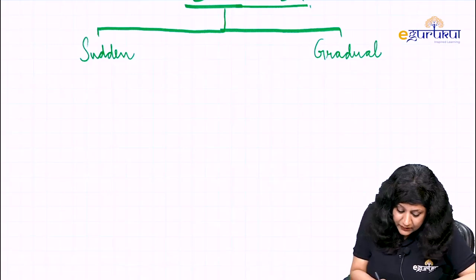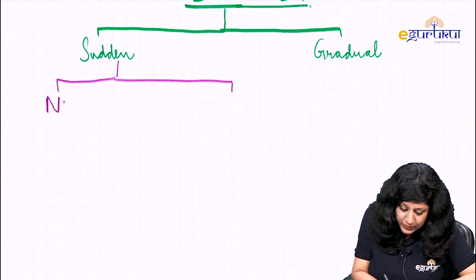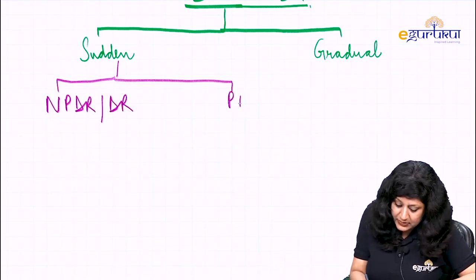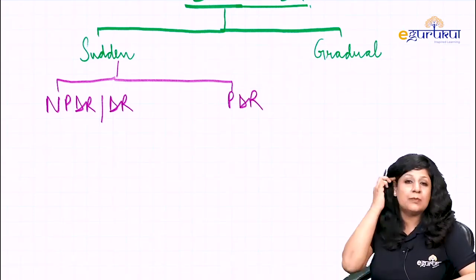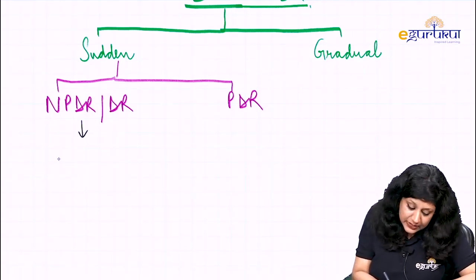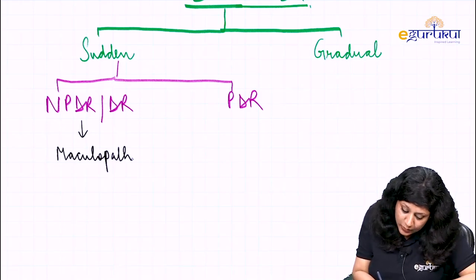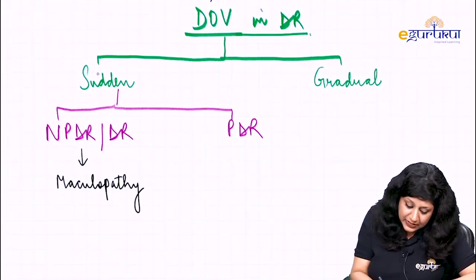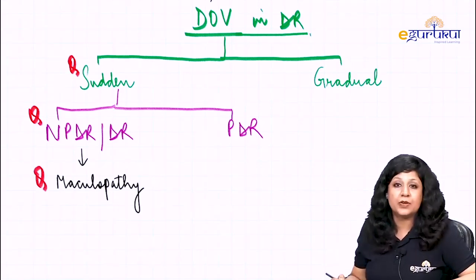Now, in sudden vision loss, again we have two things, whether I am talking about NPDR, or diabetic retinopathy as a whole, or I am asking you about PDR. If I am asking you about NPDR, what is the most common cause of sudden vision loss in NPDR, then your answer will remain maculopathy.